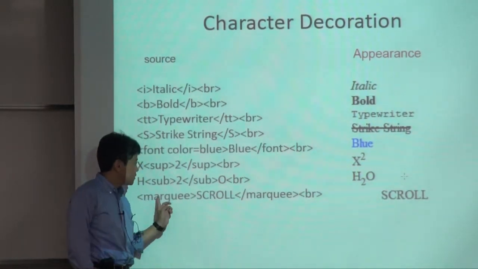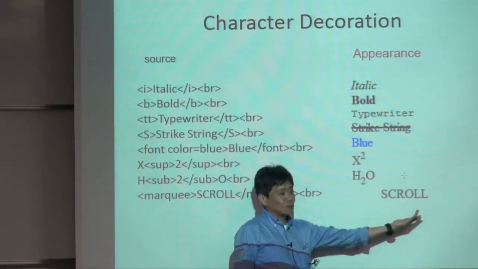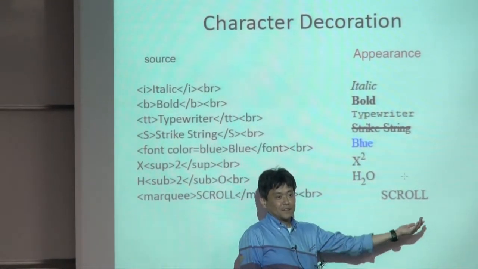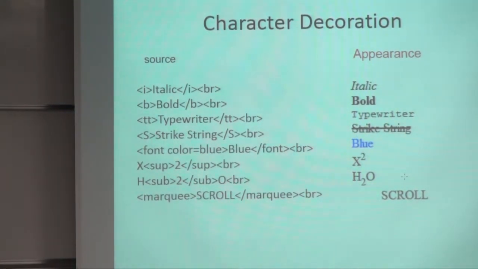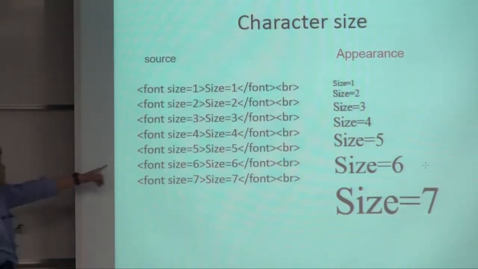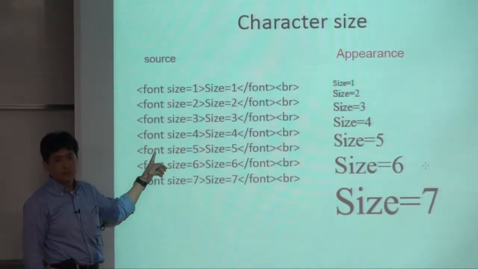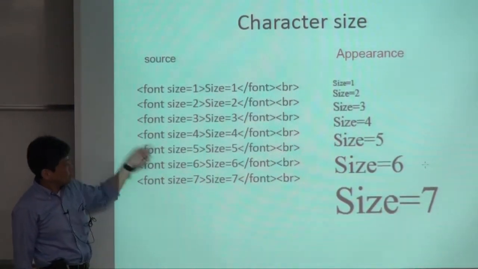So if you specify these tags, this character automatically scrolls. And also you can change the character size using a size parameter for the font tag. You can use these tags.